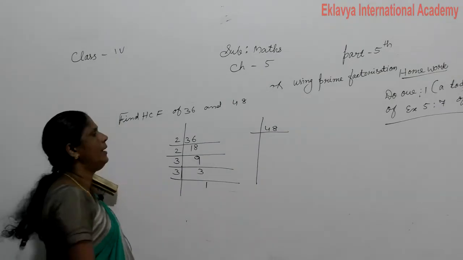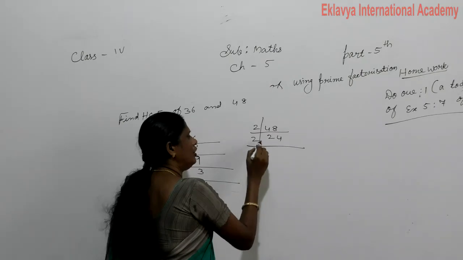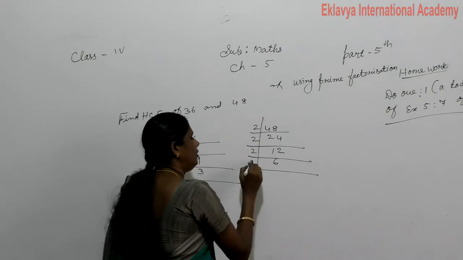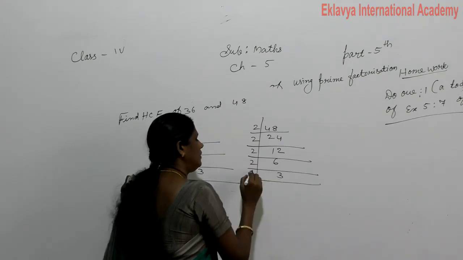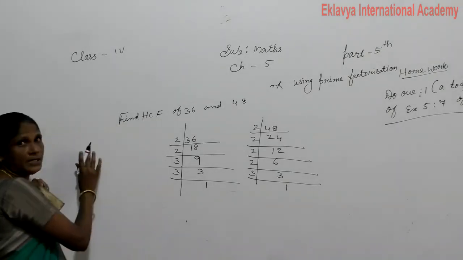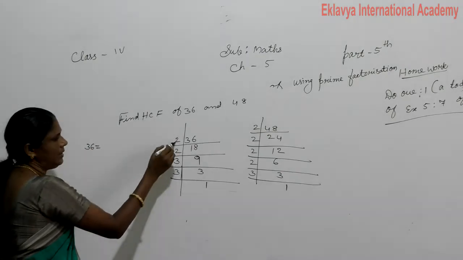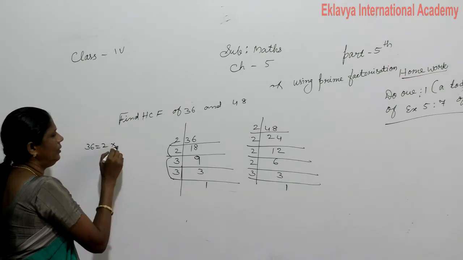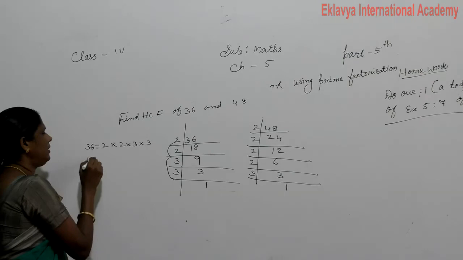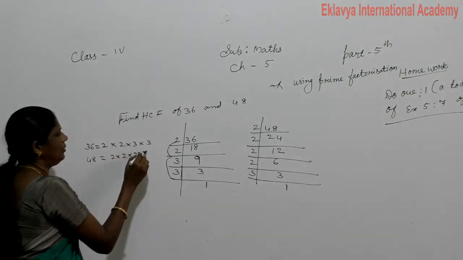Okay. Here 48 to 24, again to 12, again to 6, again to 3, then 3, 1. Okay. Next 36 is equal to 2 into 2 into 3 into 3. Then 48 is equal to 2 into 2 into 2 into 2 into 3.